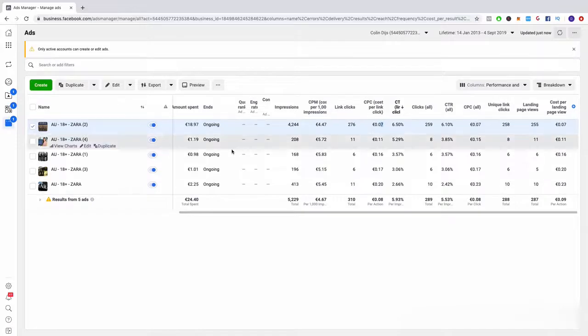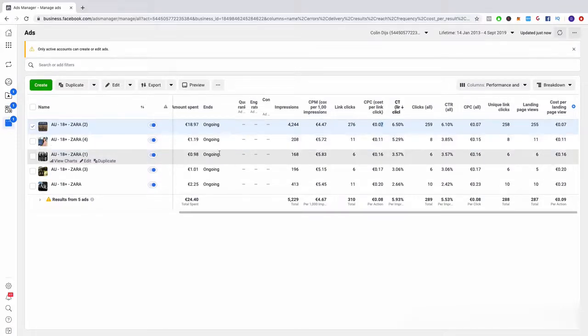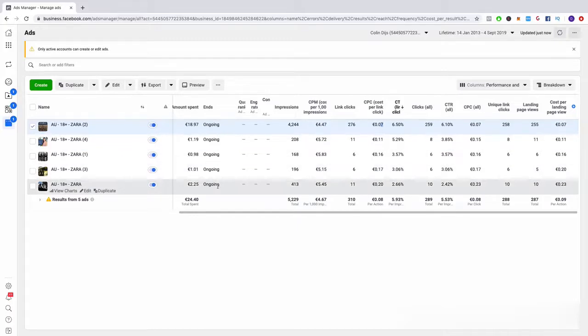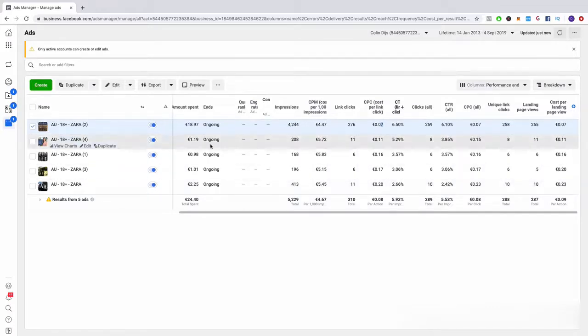And €1 was spent on this one, not even €1 was spent on this one, €1 was spent on this one, and €2.25 was spent on this. Because for some reason, the algorithm thought it had potential. You can see that more than 80%, maybe even 85%, is spent on the main ad. We don't turn these off. We don't touch it, because then you are playing against the Pixel.